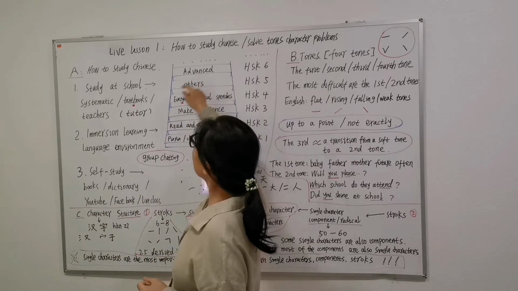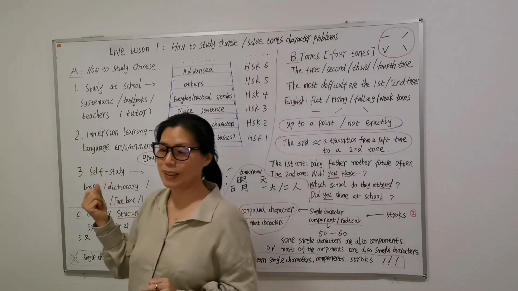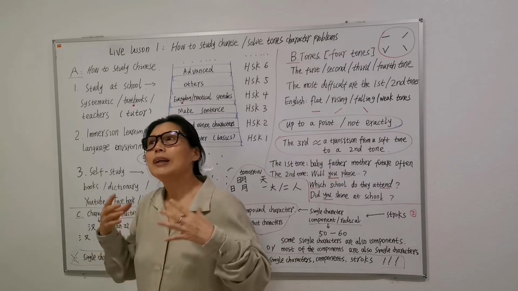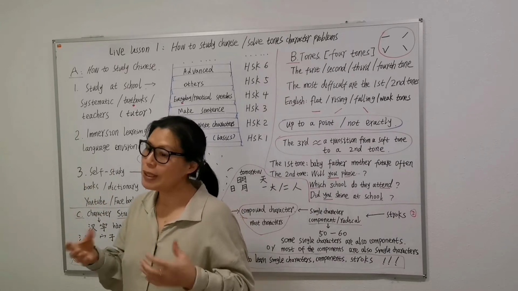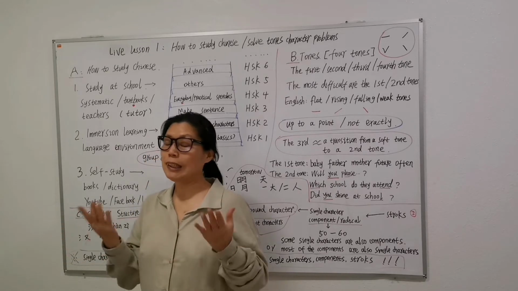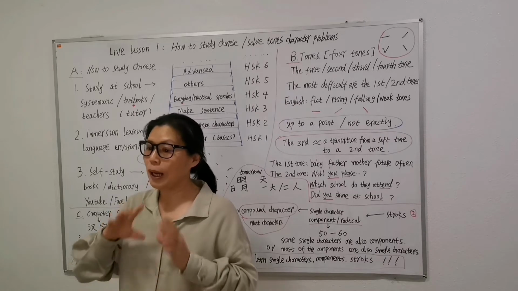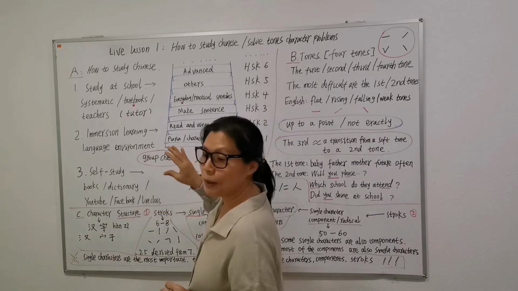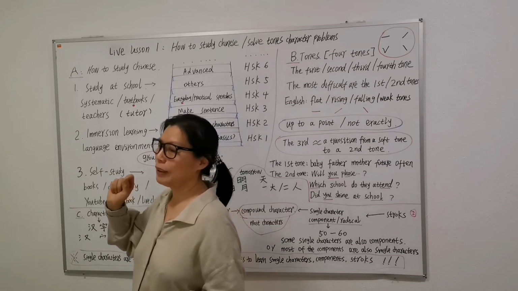Later, you go up to more advanced, then you can naturally learn some grammar. Chinese grammar is very easy. It is to learn Chinese. At first, it's very difficult, but after you master the basics, then everything will be okay.